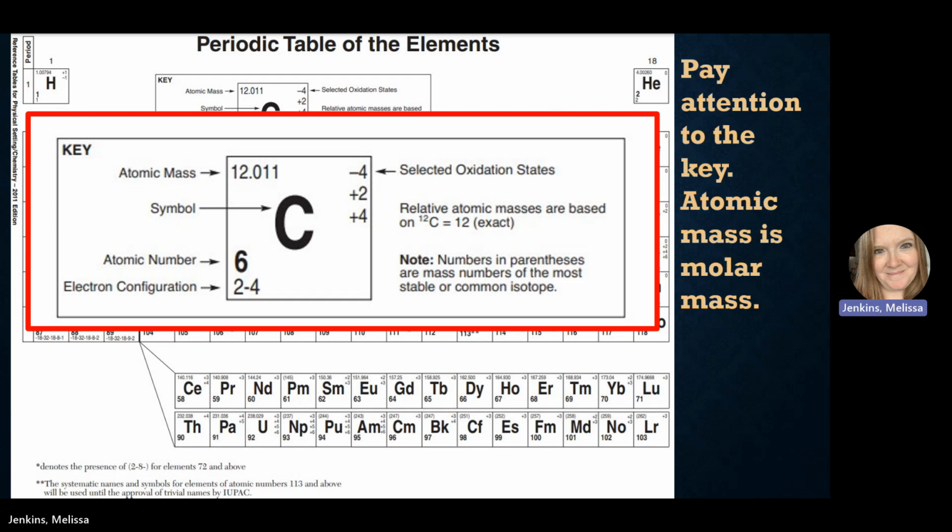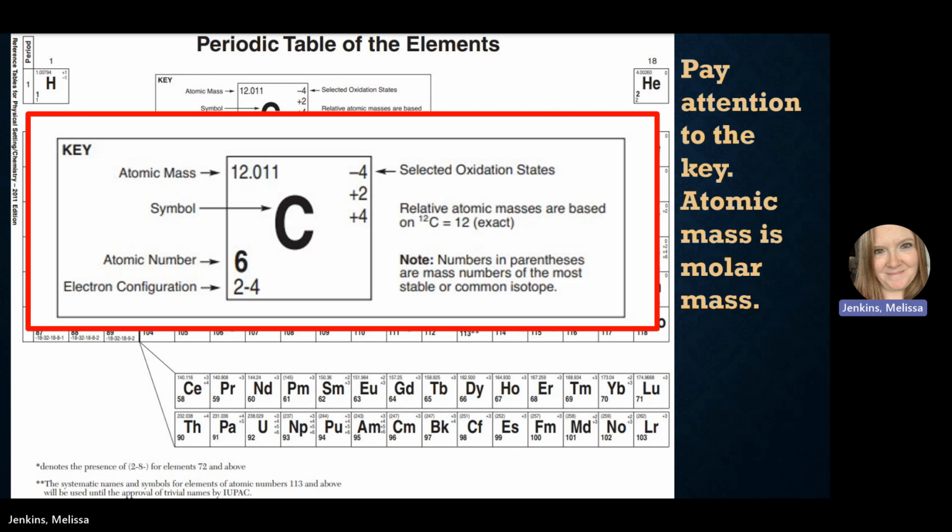Periodic table. Pay attention to this. This is molar mass, that's gram formula mass for any element. Electron configuration, this is ground state. So if it's listed on the periodic table, it's ground state.